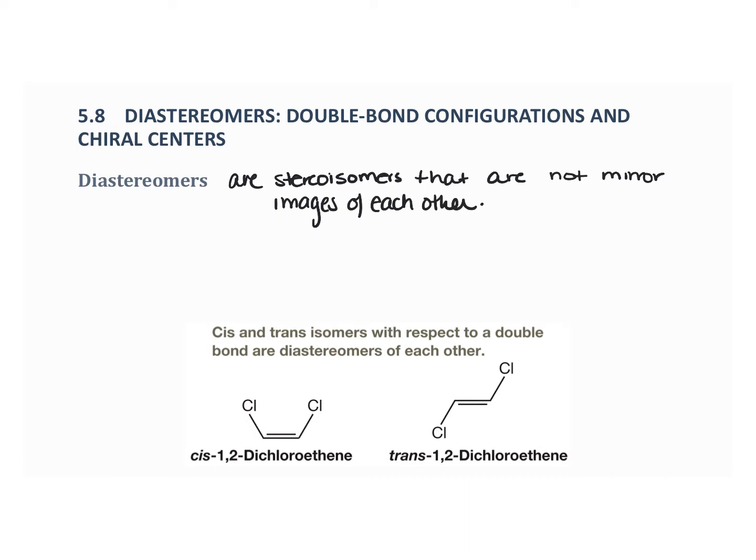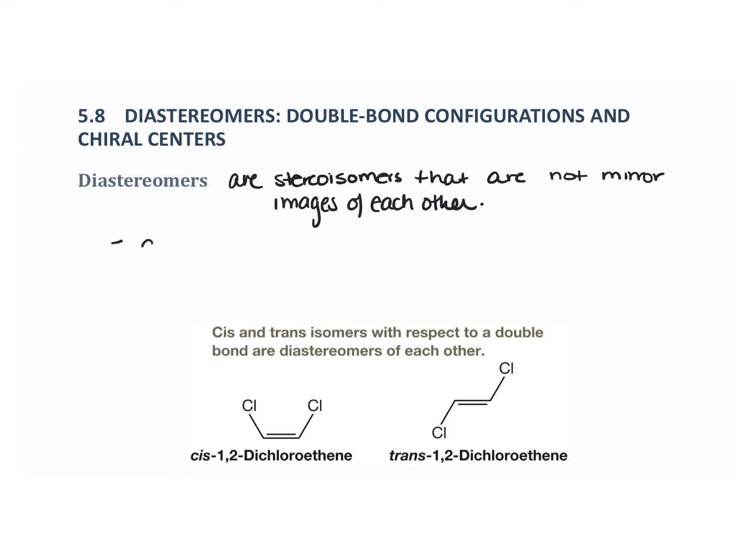Right? To be stereoisomers, they must be different molecules that have the same molecular formula and the same connectivity. One way that a molecule can be a diastereomer is to have different configurations around a double bond.